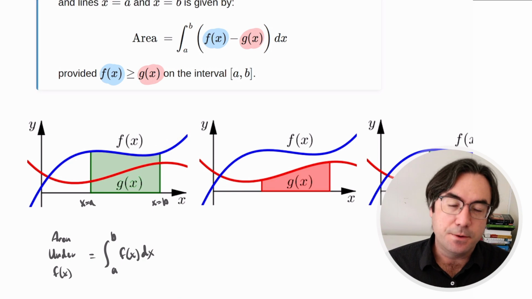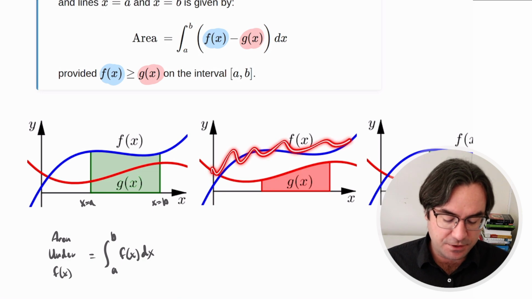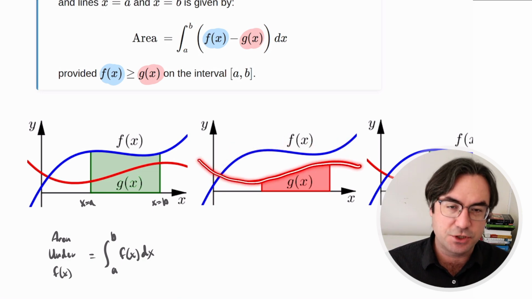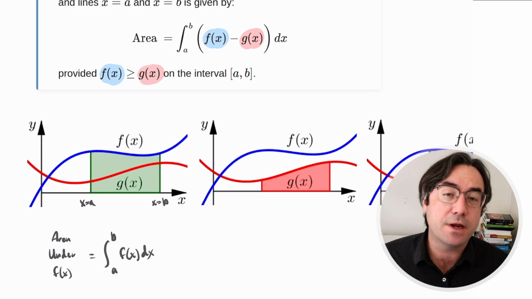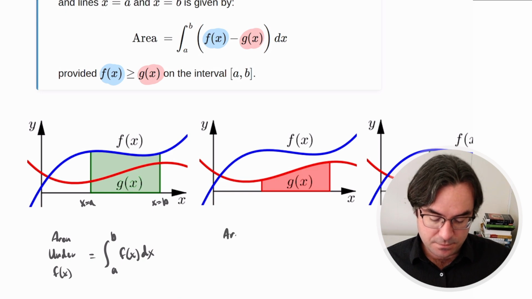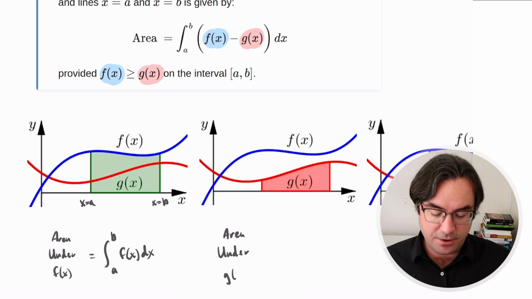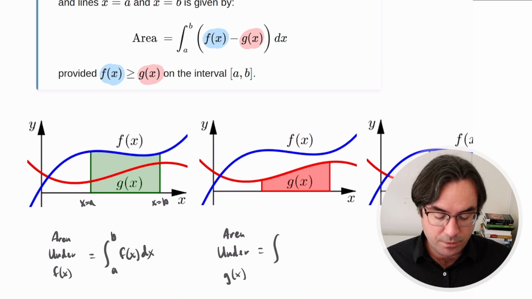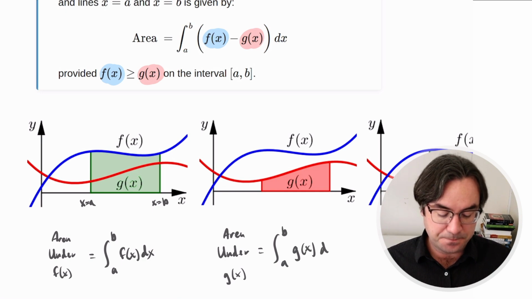Okay, so, well, what if we did the same thing? What if we forget about function f for a second, and so let's suppose this is function g. If we wanted to know the area under function g, same deal. So if we wanted to know the area under function g of x, we would just integrate from a to b our function g of x.